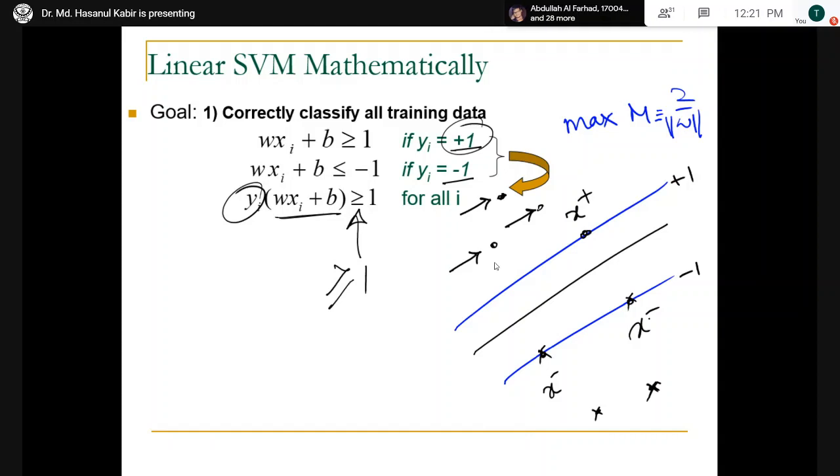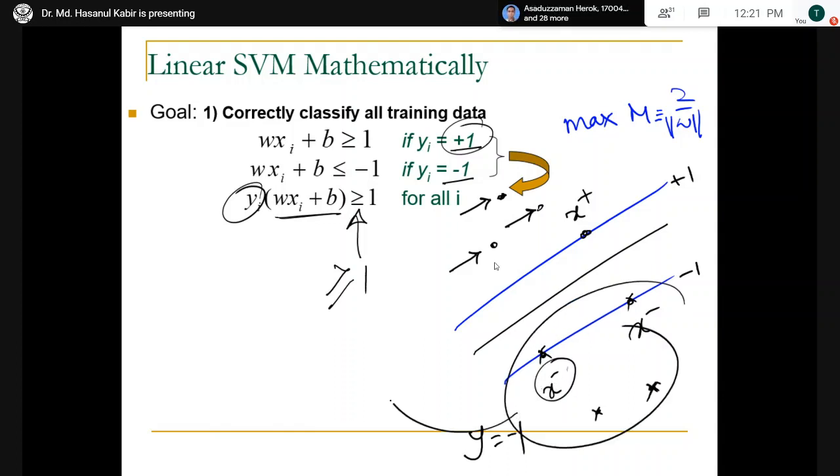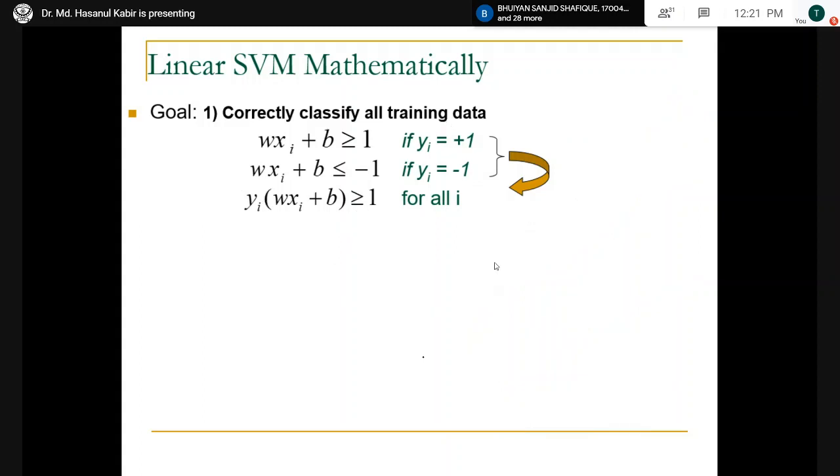For the negative class, y is -1, so if you multiply any negative samples with -1, all these samples get reflected to the positive side. This is what happens with the reflection. Remember, only when the labels are represented by +1 and -1 can you multiply with y like that.